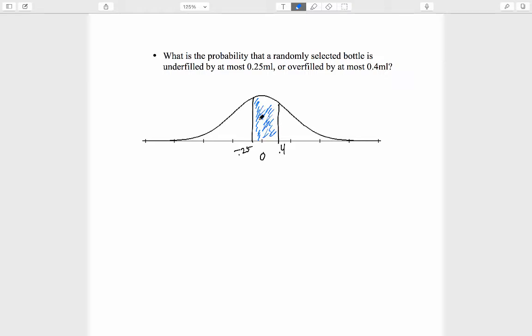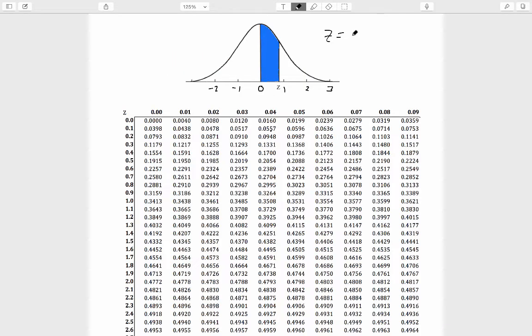So this is actually one region with a lower boundary that's below the mean, and an upper boundary that's above the mean. We will need to do two separate lookups in the table, but we'll have to think about what to do with the probabilities that come out. We would like to look up z equals negative 0.25, but there don't seem to be negative numbers available as values of z within this table.